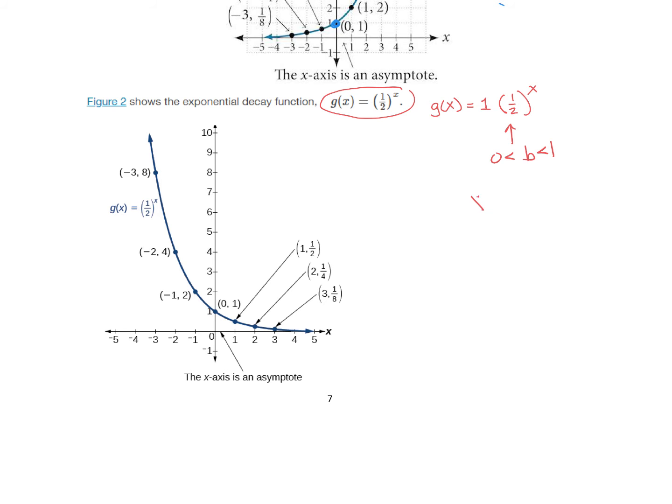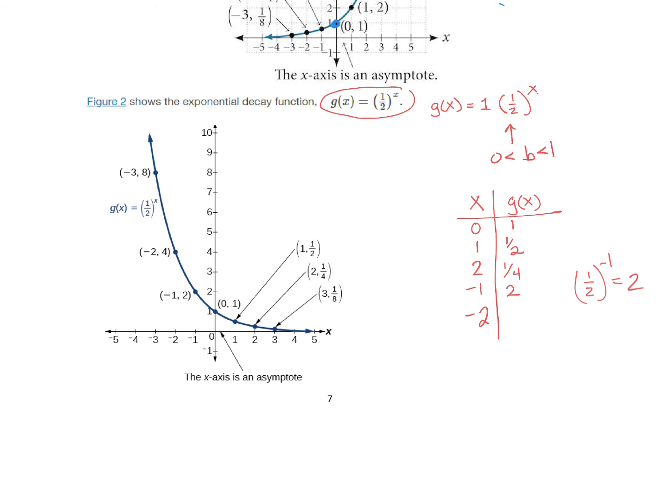And you can make your same table of values here. When you plug in the same numbers, if I plug in 0, 1/2 to the 0 is 1. 1/2 to the first is a half. To the second is a quarter. If I do 1/2 to the negative 1, that takes the reciprocal and we get 2.